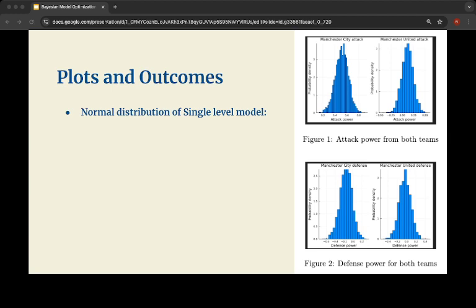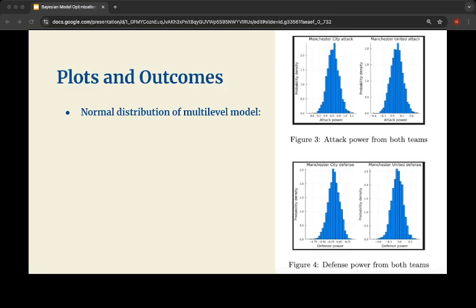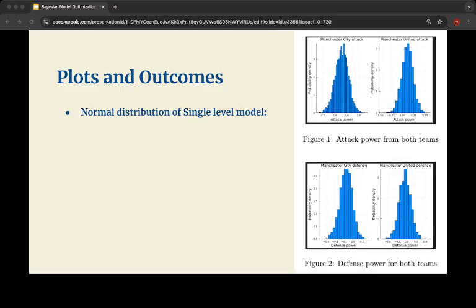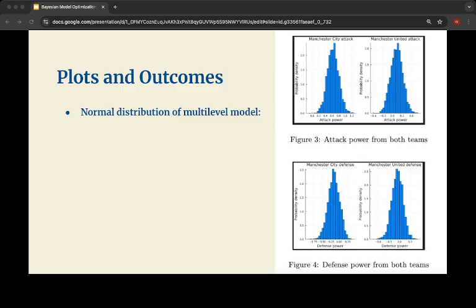This is the attack power for both teams. I specifically chose these two, just like the last mini project does. The defense power from both teams is pretty similar to what we found there.